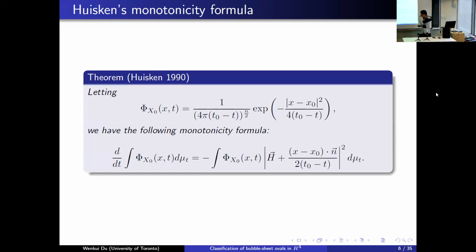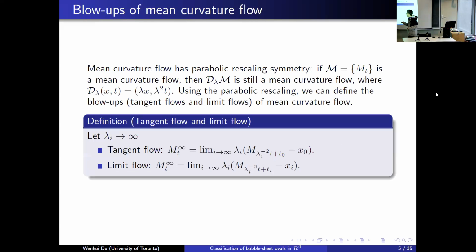So another tool for the blow-up is Huisken's monotonicity formula. Oh, sorry, I have a question. Maybe this is too long a question, but why do we do the parabolic rescaling? Maybe we can consider a minimal surface first. For a minimal surface, if you have some singularity, you move the singularity to the origin and dilate it, and you will see the singularity structure of the minimal surface. But a minimal surface is scaling invariant, right?